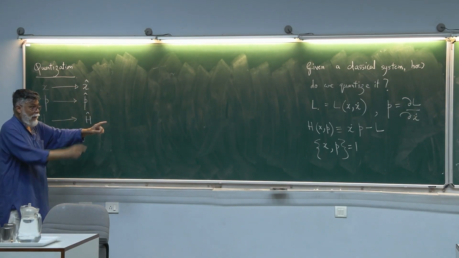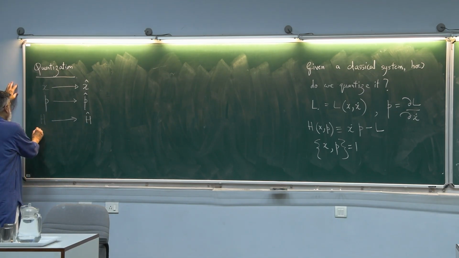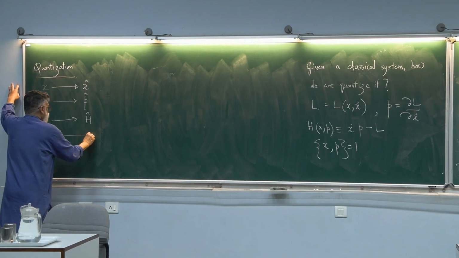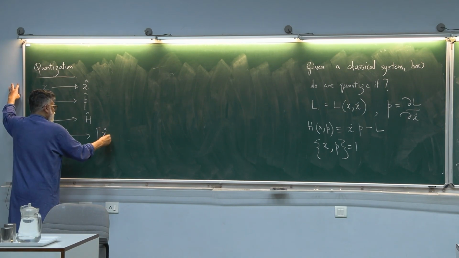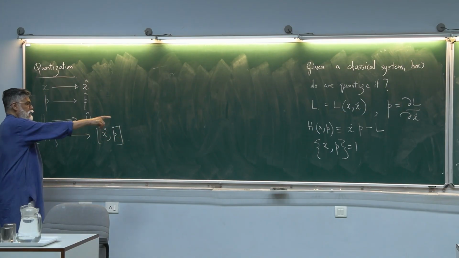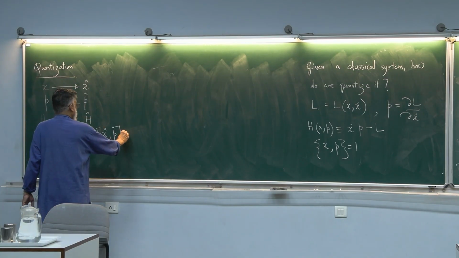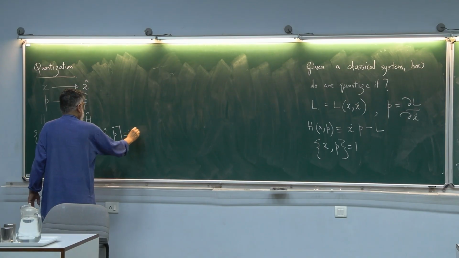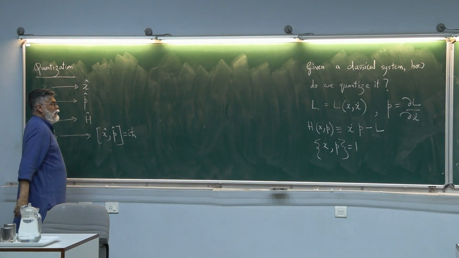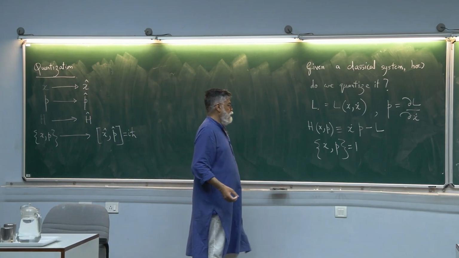They are operators such that the Poisson bracket will now become a commutator, and so the Poisson bracket of x and p will become the commutator of x and p. And the Poisson bracket of x and p is 1, which means the commutator must be i h bar. So when you do that, your classical system has taken the form of a quantum system.